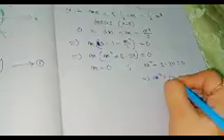Now that implies m into m square plus 2 minus 2a is equal to 0. So m is equal to 0 either, or m square plus 2 minus 2a is equal to 0. That implies m square is equal to 2a minus 2.